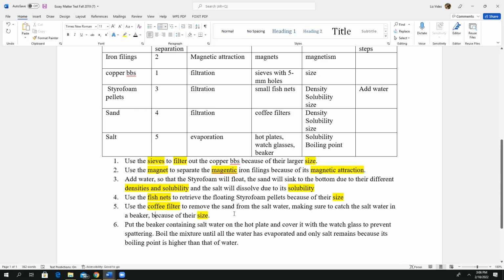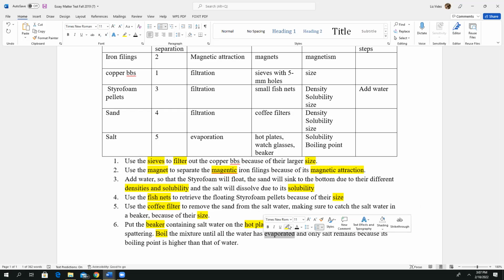Remove the sand from the salt water. Okay. Put the beaker containers on the hot plate. So I'm looking for the rest of the stuff. Watch glass. And of course the beaker, what you needed. Otherwise the water won't be in there. Boil. See, there's the procedure. Boil, right? Until it evaporates.